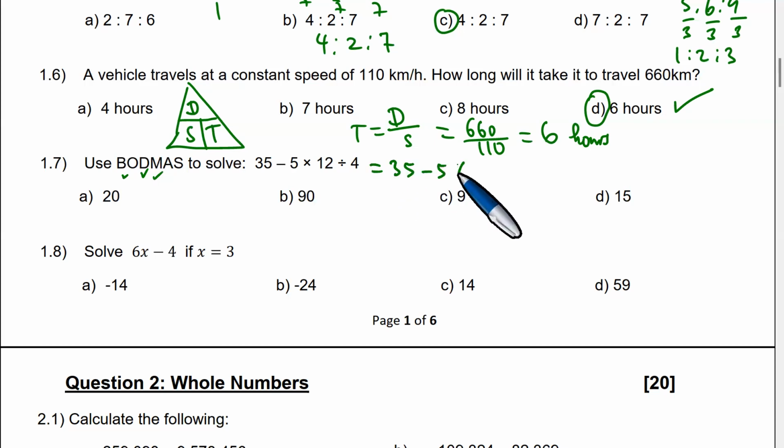So in other words, you're going to leave everything: 35 minus this. You do division first. What is 12 divided by 4? 12 divided by 4 is 3.